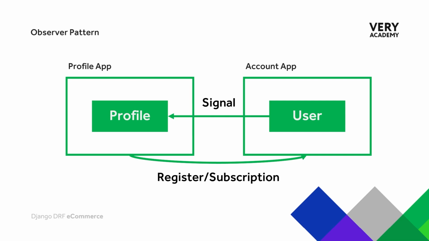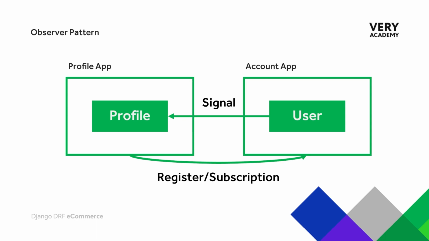Let's go back to this example here that we saw earlier. Here we have two apps. Now, it could be two apps, or there could be multiple apps here on the left-hand side. So instead of taking the approach whereby we hard code and override the save function, and all that code is in the user table, and here we're creating a dependency because in the user table, we're saying, okay, we're going to need the profile model and so on, therefore creating that connection between the two apps here.